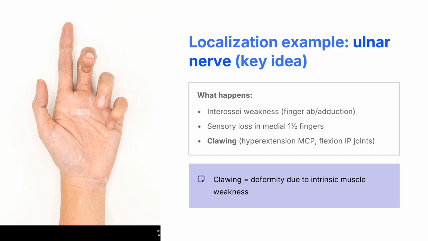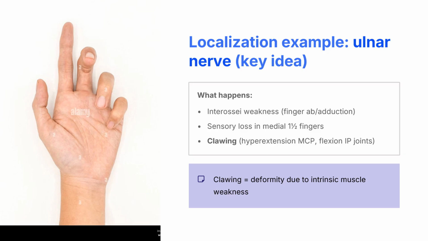The hand becomes a claw hand, but only half. So clawing occurs due to the intrinsic muscle weakness, causing MCP hyperextension and interphalangeal joint flexion. This is what is happening. So ulnar nerve injury is causing the intrinsic muscle problem.